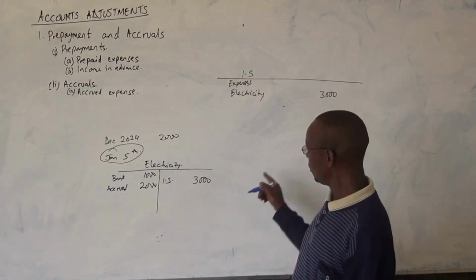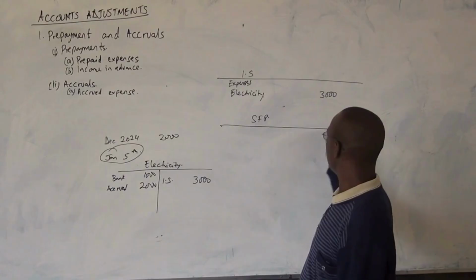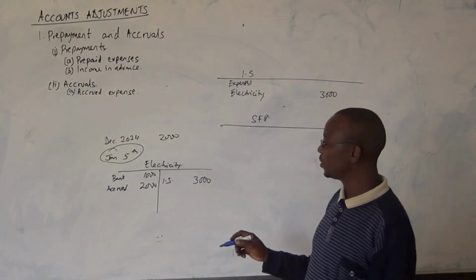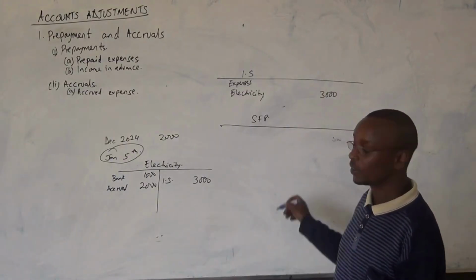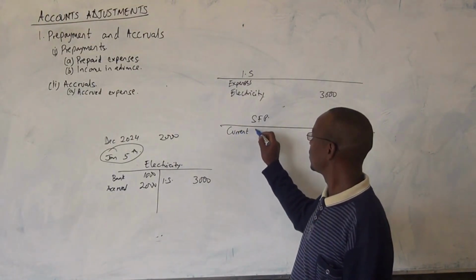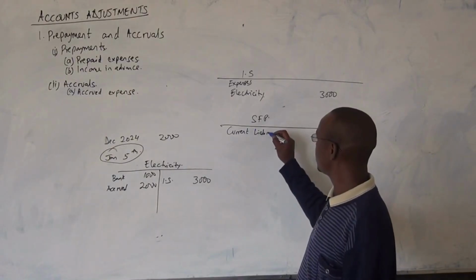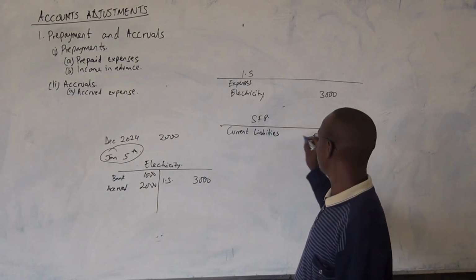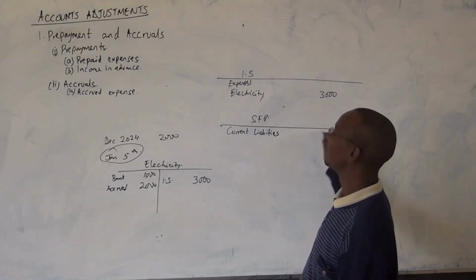Then, there comes the statement of financial position. In this statement of financial position, this accrual, it is what? Is that correct? Yeah. So in the place of capital and liabilities, this one will be a current liability. How much? 2,000.